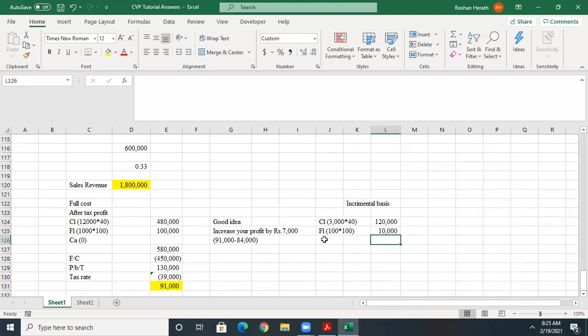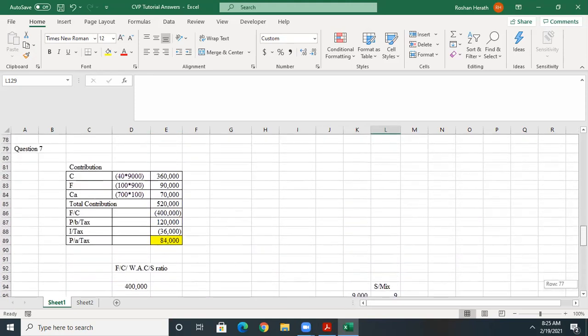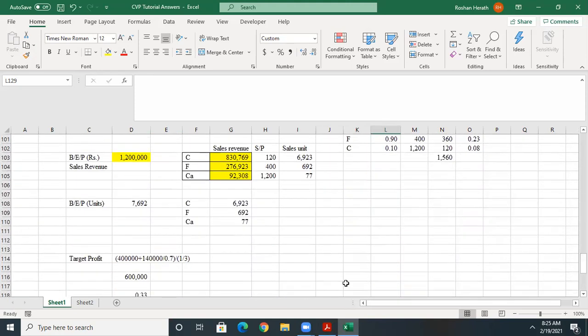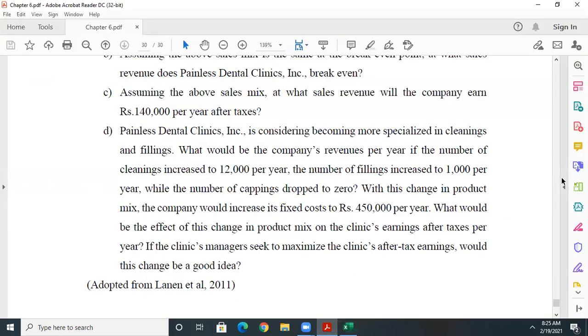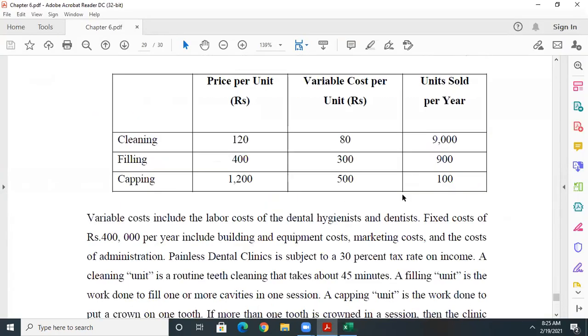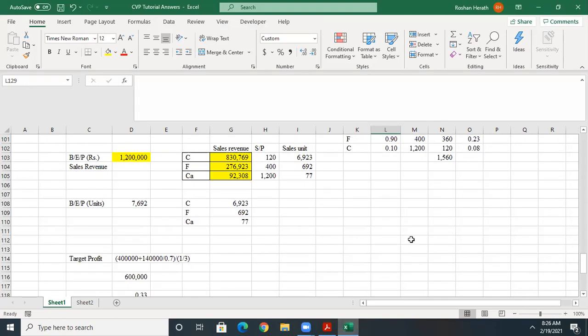And also, if you look at the other product, capping, you can see what has happened to capping. Earlier, you used to produce 100 units and you make a contribution of 700, but now you are doing 0 units.